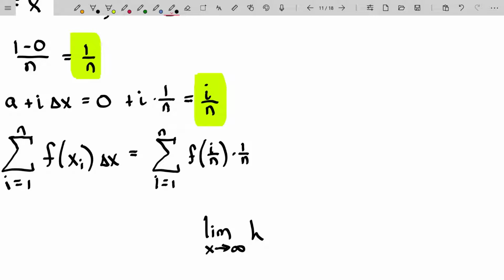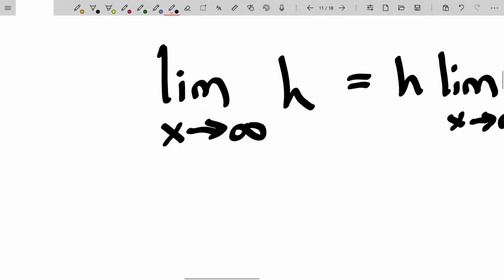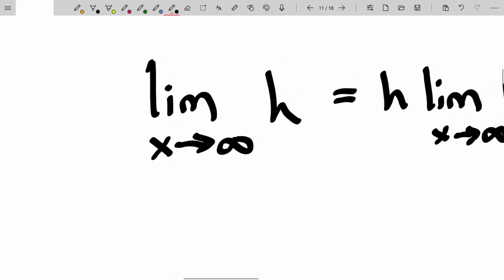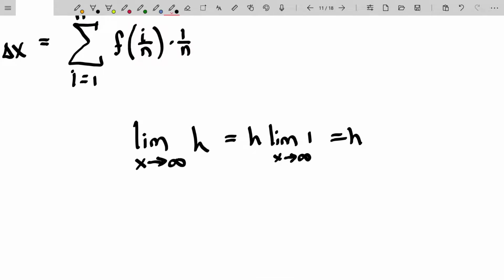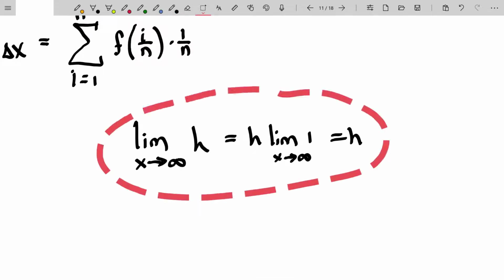Since h does not involve x, that's just h times the limit as x goes to infinity of 1, which is just h times 1. Because that limit did not involve actual x values, it does nothing. There was no point in writing the operation limit.